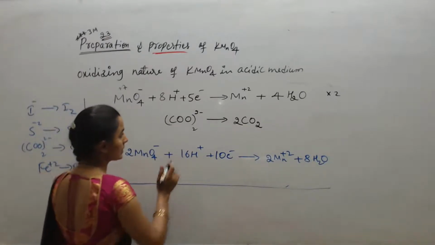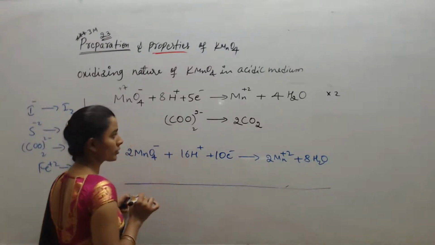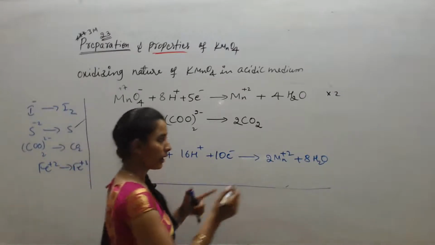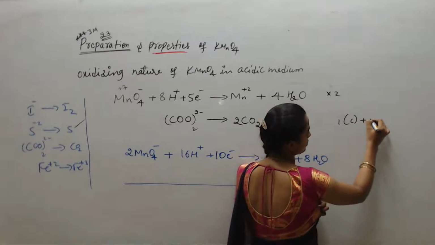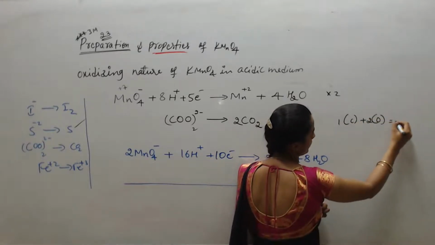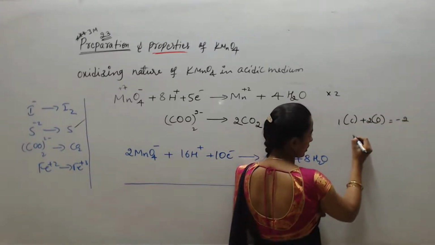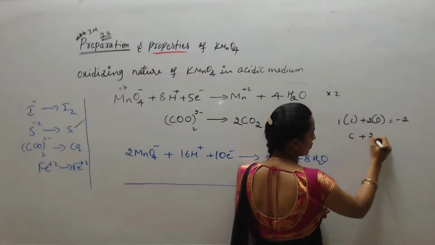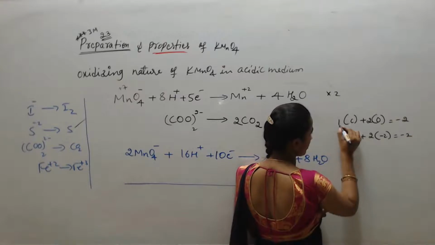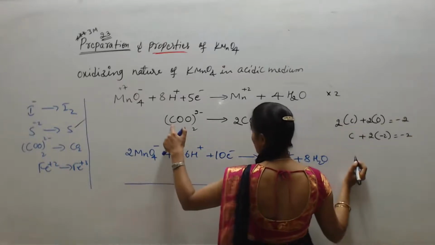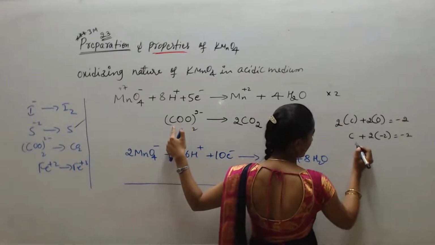So here students, listen. If you calculate the oxidation state of carbon in the oxalate ion: 2 carbons minus 4 oxygens with a minus 2 charge each. Here the 2 carbons are there because it is C2O4 2-. Correct?